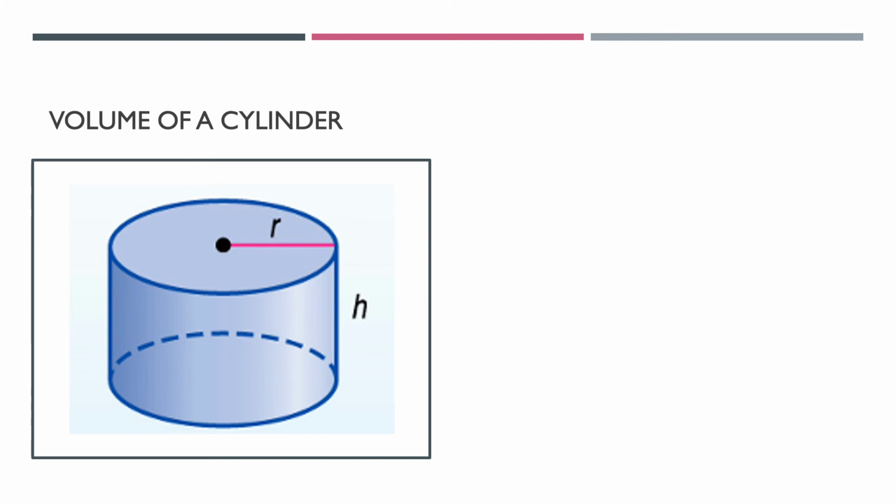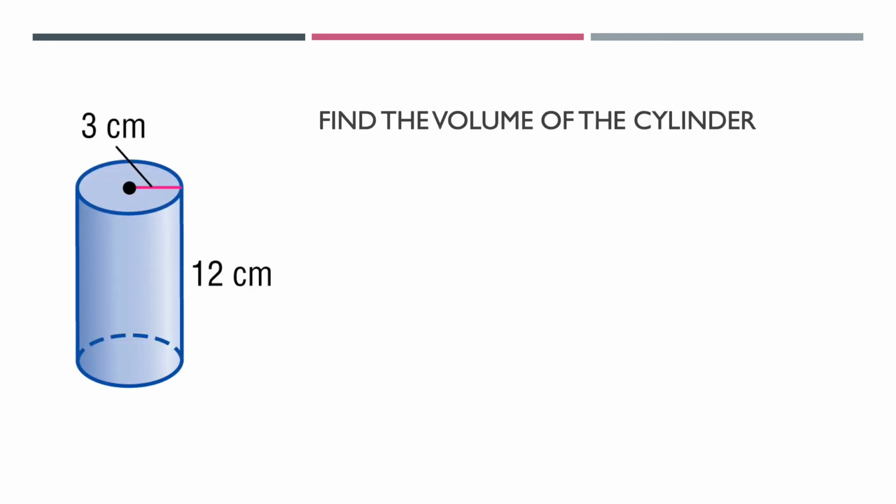Next up is the volume of our cylinder. The volume of the cylinder is the area of the base, which is a circle, times the height of that cylinder. Same equation, V equals B times h. So if we have this cylinder here and we want to find the volume, start with our volume equation. So V is equal to pi r squared times the height, with the base being pi r squared.